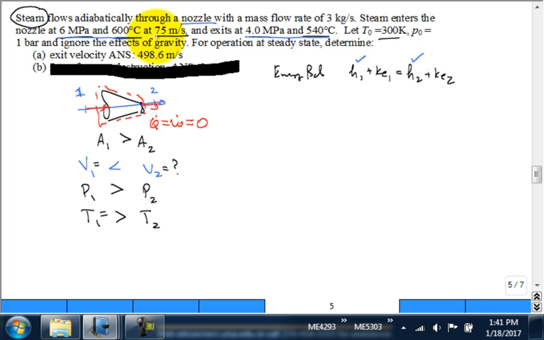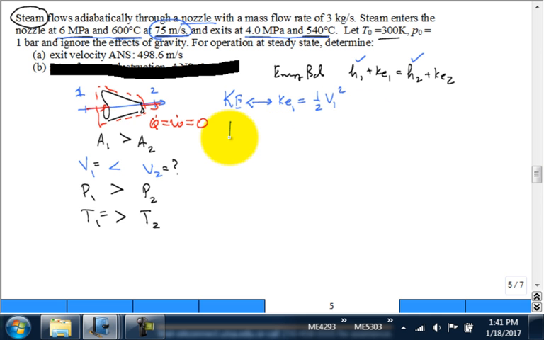I know the speed coming in. Can I get the kinetic energy coming in based on the speed? What is that equation? 1/2 V1 squared. There's a difference between this KE and that KE. What's the difference between the two? Uppercase, lowercase. Per unit mass, specific kinetic energy.